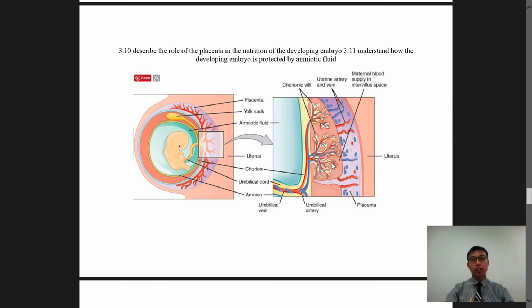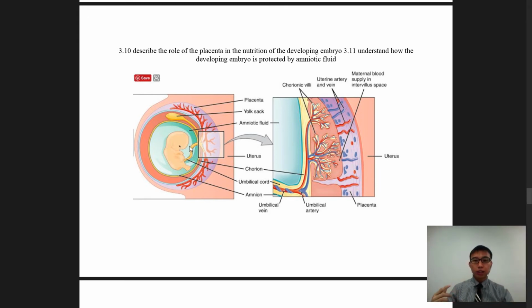So here we have the placenta, and also the amniotic sac. So what's going to happen here? For the exams, you have to know that the amniotic fluid is going to protect the baby against shock, any impact.